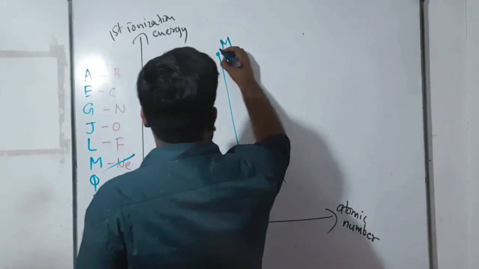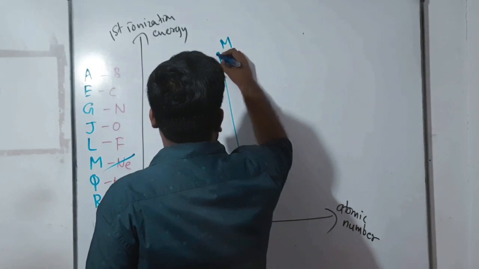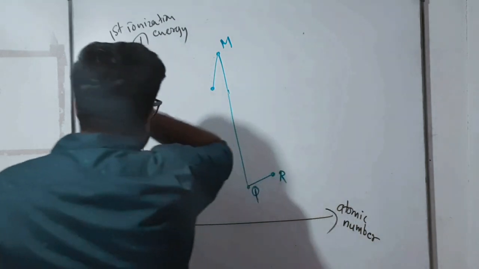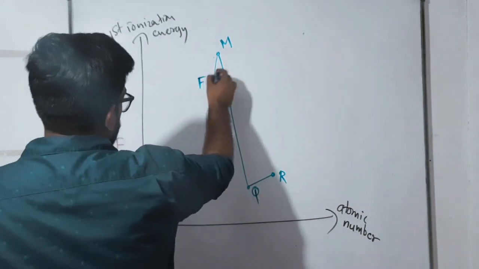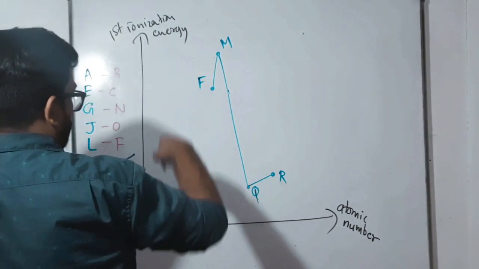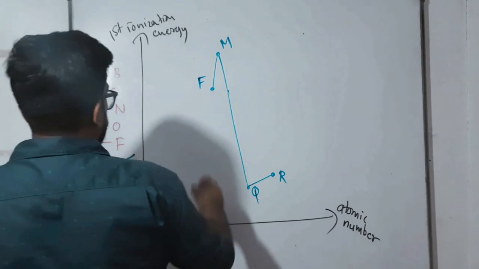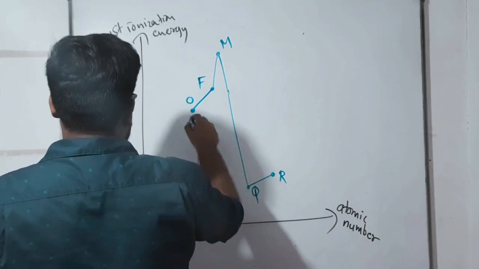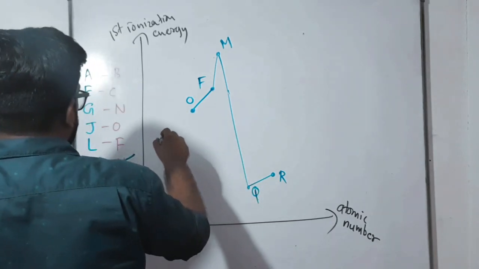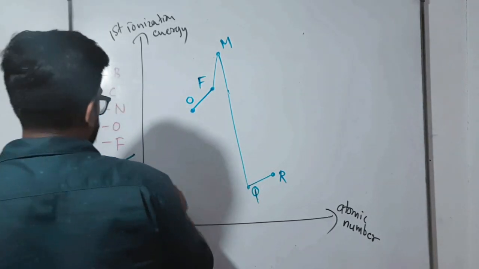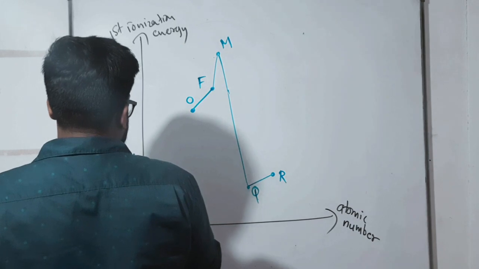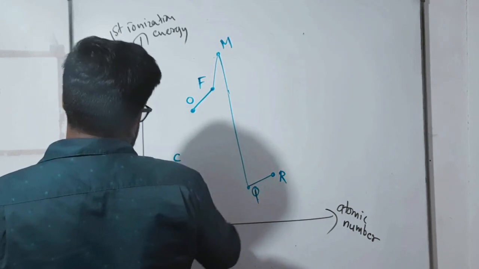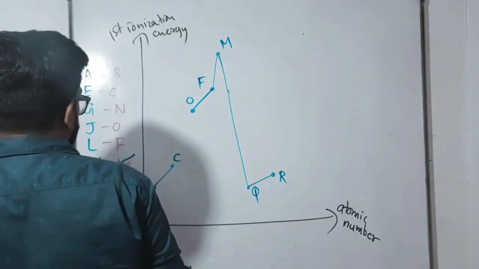So you can draw here fluorine like this, not much higher fluorine. You can just try to take the answer according to the previous knowledge. Fluorine, oxygen, boron, carbon, right? You can draw here boron and carbon. So it is a rising fluctuation there.